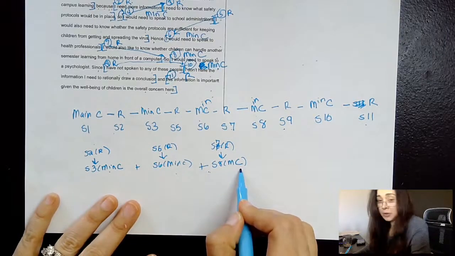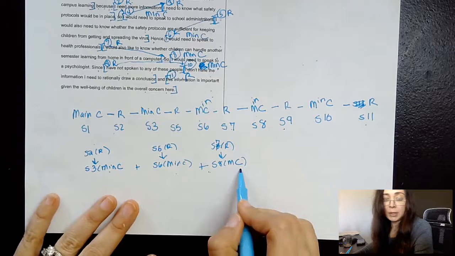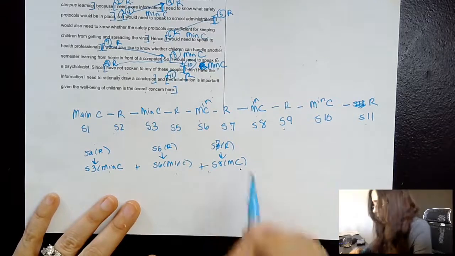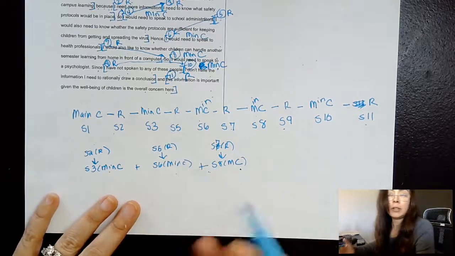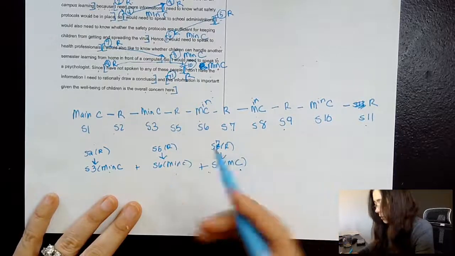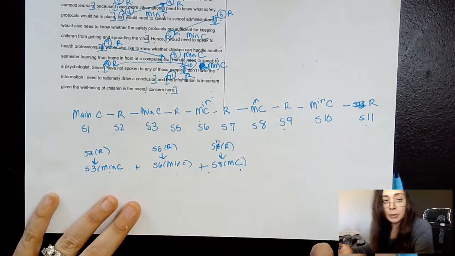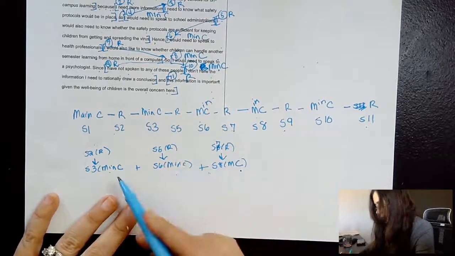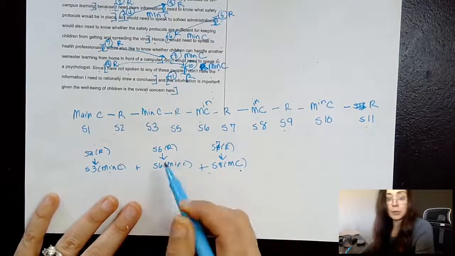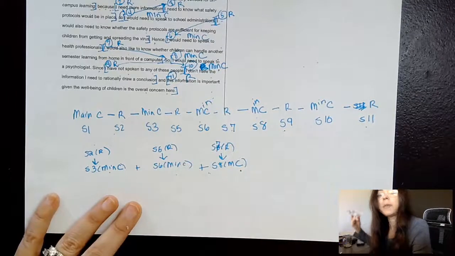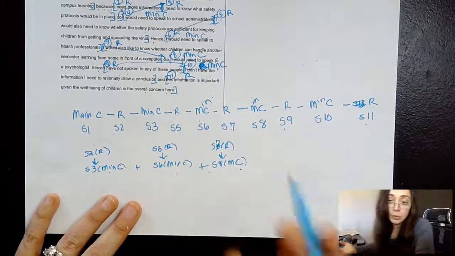Okay, so for extra credit, what does the plus sign mean in an argument diagram? All right, it just means that some statements are working together. Sometimes you have reasons that are working together by themselves in support of a common conclusion, or you could say that minor conclusions are working together in support of some other conclusion, another minor conclusion or a main conclusion.